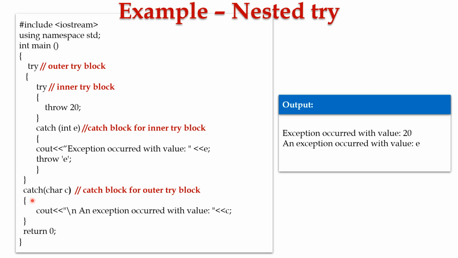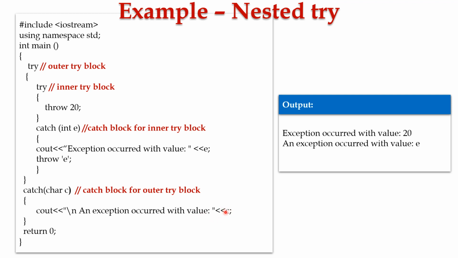Now control moves to the next catch block, that is, the outer catch block. Here it checks for the exception match. The match is found, that is, catch char c. So it catches the exception of type character with value c. Using a cout statement, it displays the message "an exception occurred with value", and the value of the variable c is displayed to the user.